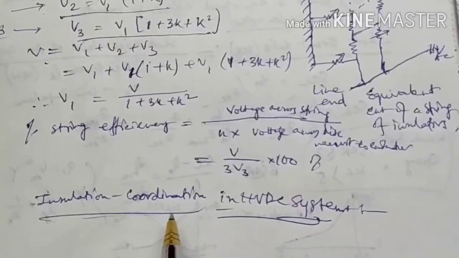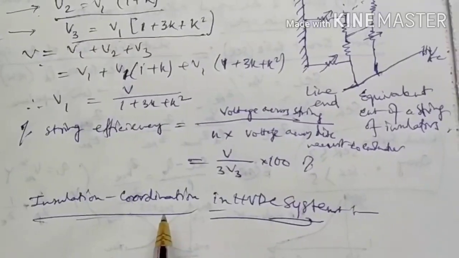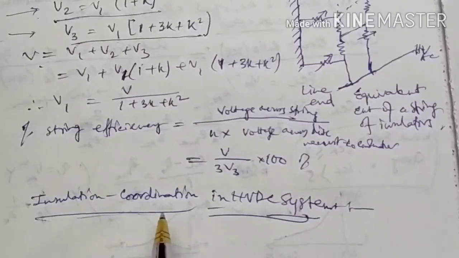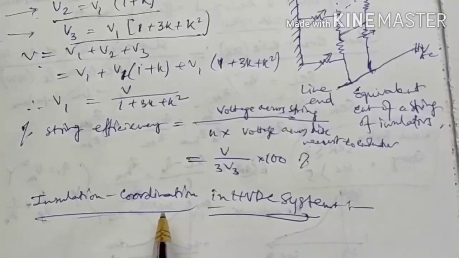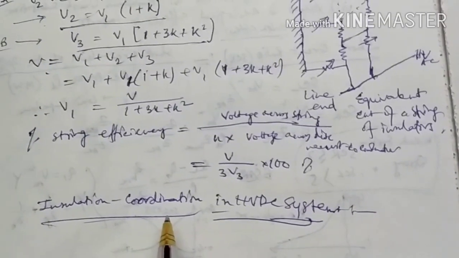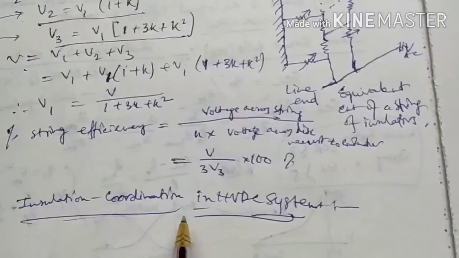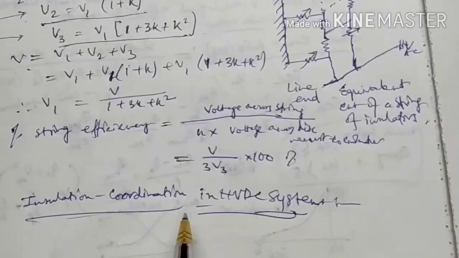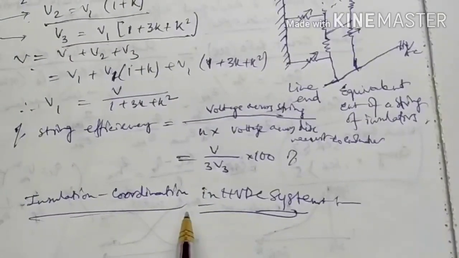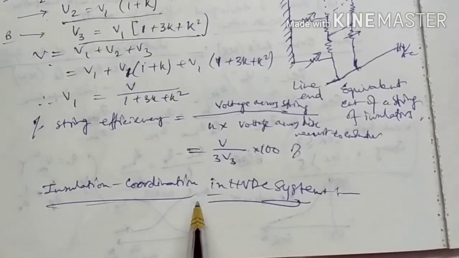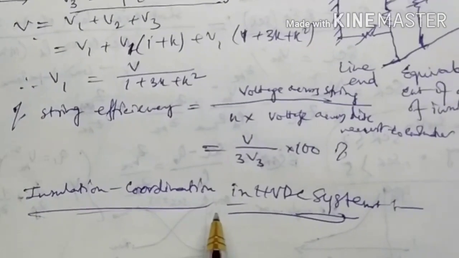The insulation level of an equipment is defined as the combination of voltages, that is power frequency and impulse, that characterize the insulation with regard to the ability to withstand the various voltage stresses.